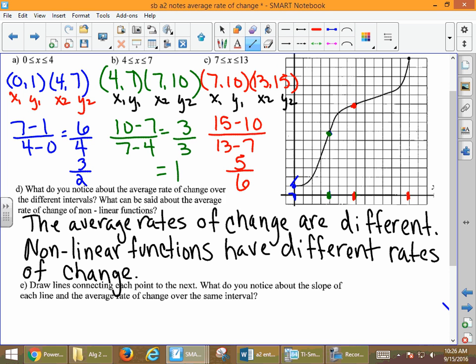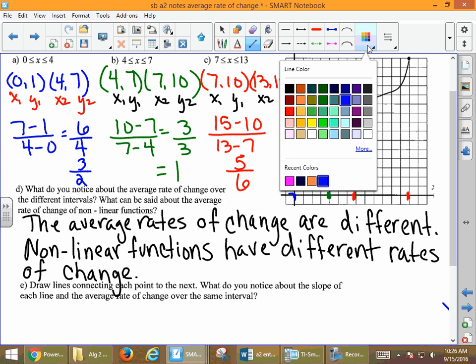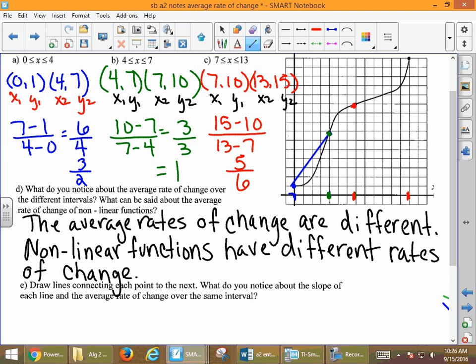So we can draw our lines connecting each point to the next, from there to there. And then I did green. So let's go from there to there. Ooh, shoot. Let's see if we can fix it a little bit. Good.